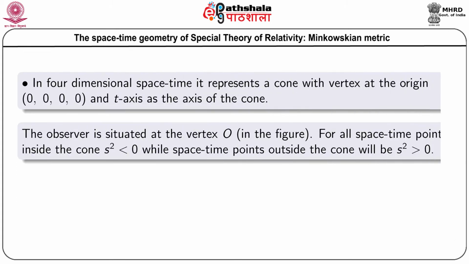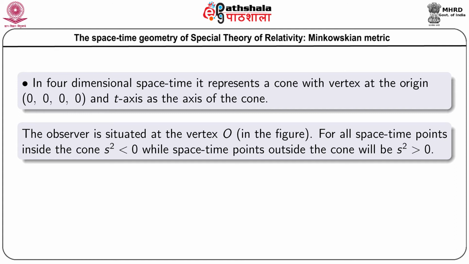From that equation we get that it is a cone in 4-dimensional space time with vertex at the origin (0, 0, 0, 0) and the t axis as the axis of the cone.